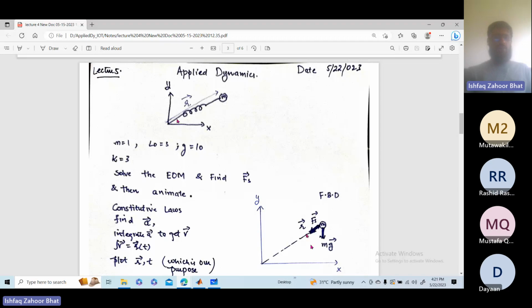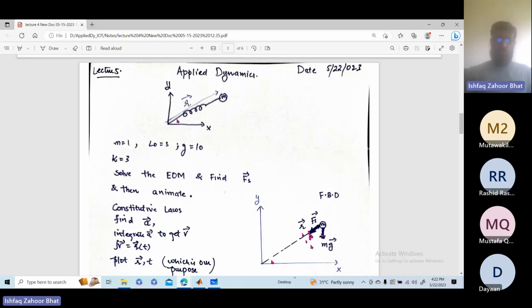If you remember correctly, I have already told you that in an FBD we only show the external forces. There is no acceleration, velocity and other things, not even the position. Here I am showing the position only, and I have shown it dotted so that you will not be confused and take it as an integral part of the FBD.